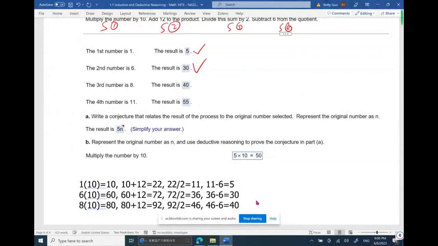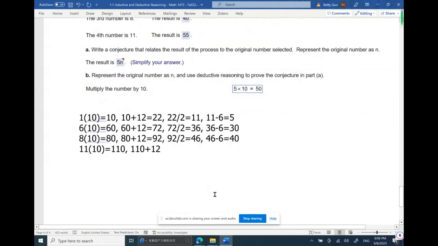And the fourth number that is given is 11. So we multiply 11 by 10. And we have 110. And add 12 on top of 110. We have 122.